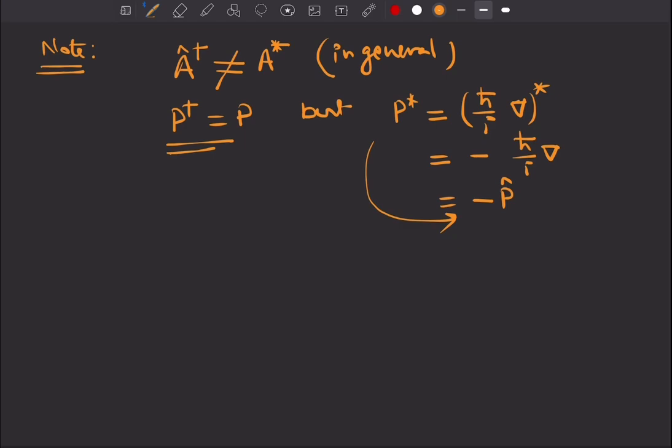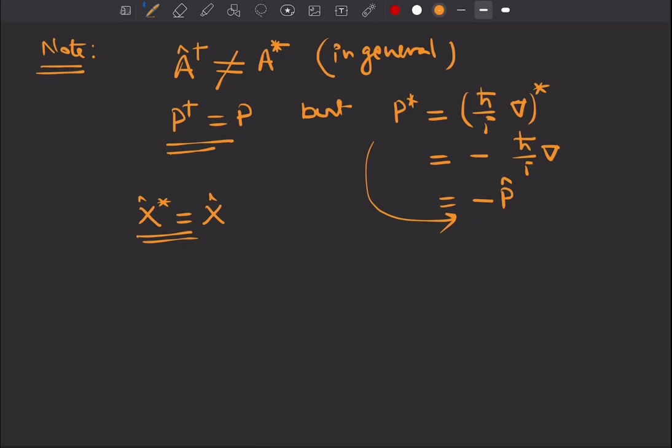But in the case of the position operator, it is Hermitian, and the complex conjugate of the position operator is equal to the position operator. So we can't generalize this rule. Some operators are equal to their complex conjugate and some may not.